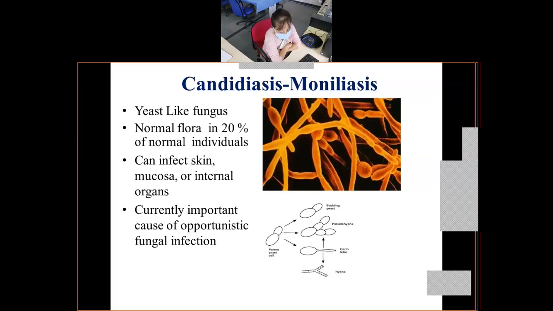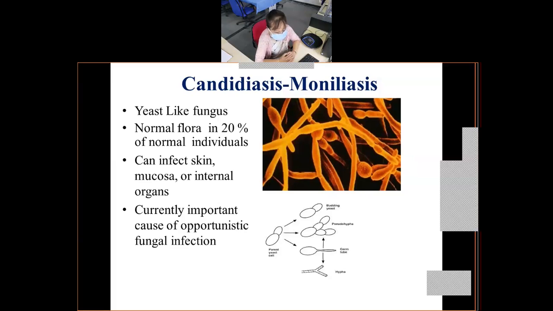Now, candidiasis is a very common opportunistic infection, very often observed in immunocompromised hosts. The old term we refer to when we talk about candidiasis is moniliasis. This is a yeast-like fungus, and in certain individuals you can have this yeast as a part of the normal flora, which can be there in the skin or even in the oral mucosa, sometimes in the gastrointestinal tract.